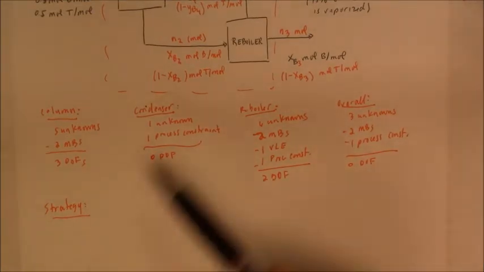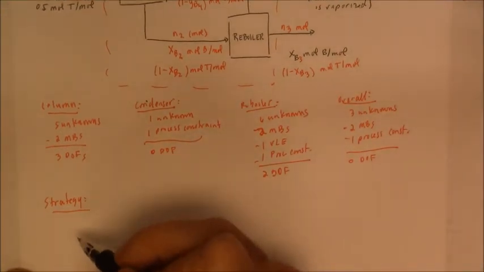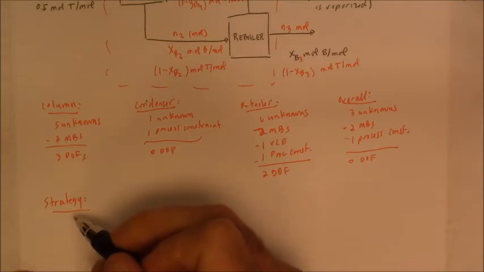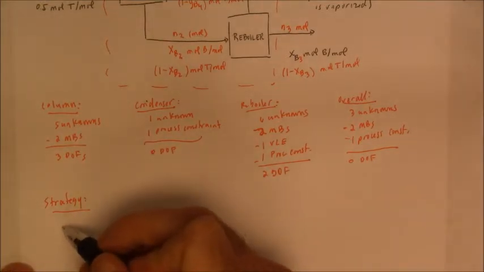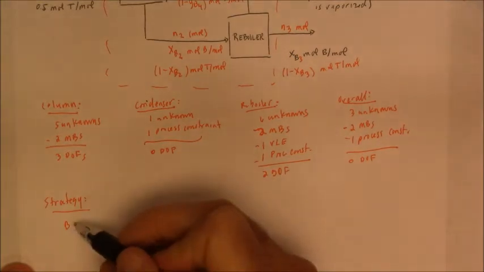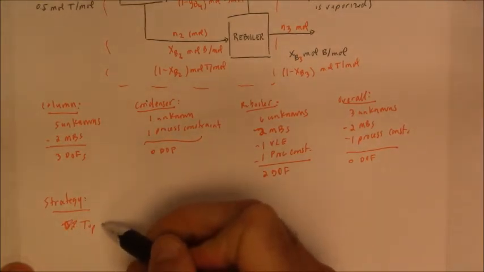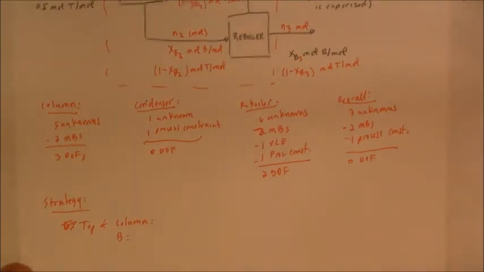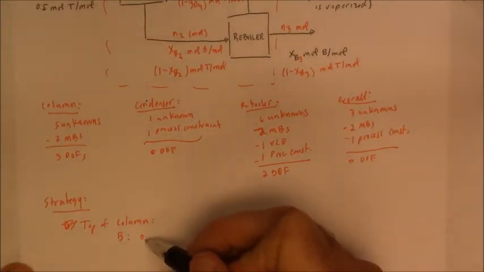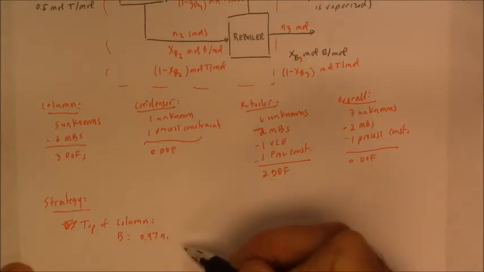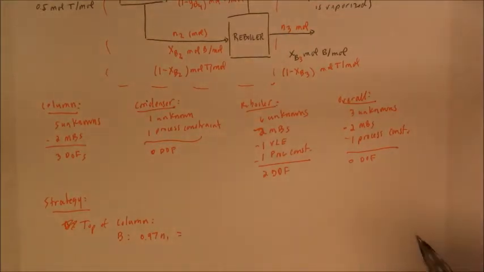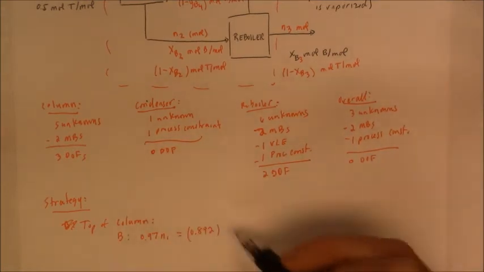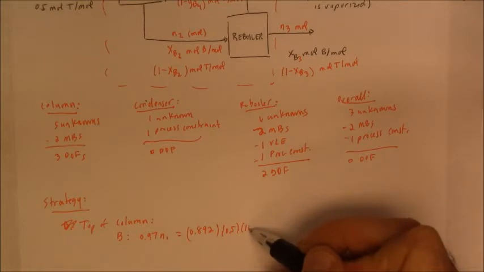So if I use my process constraints, I know the benzene exiting the system at the top of the column, if we do a balance on benzene, we have 0.97 times N1 equals 0.892 times the benzene in the feed, which is 0.5 times 100.